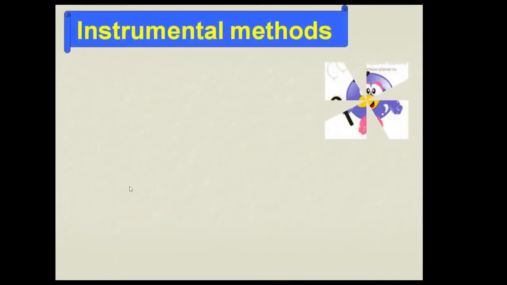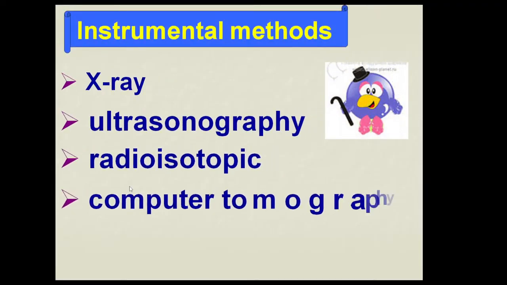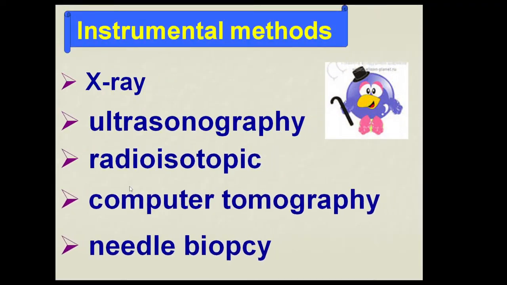Instrumental examination. First of all, X-ray and ultrasonography. Ultrasonography is more widely used because it is a non-invasive method without any complication and does not need specific preparation. X-ray examination is restricted because it is impossible with a high level of creatinine, otherwise progressive renal failure, and for patients with allergic reaction.